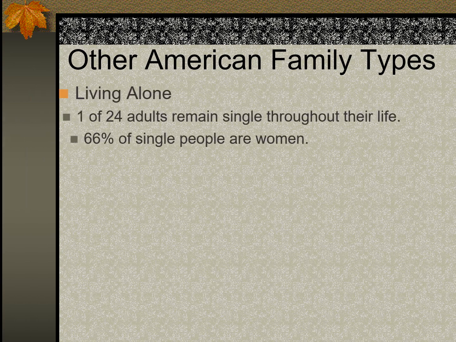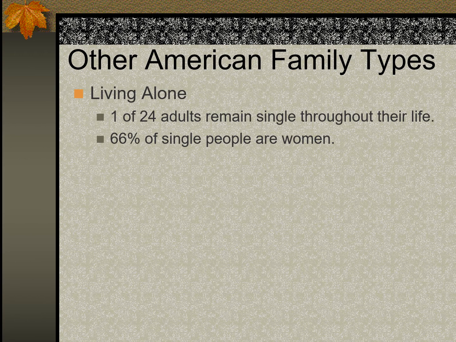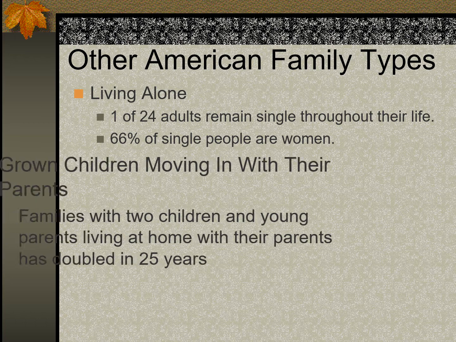So another American family type, living alone. 1 in 24 adults do remain single throughout their entire life, and there's nothing wrong with that. Some people just prefer it, and it just is what it is, but it's still considered a family type.